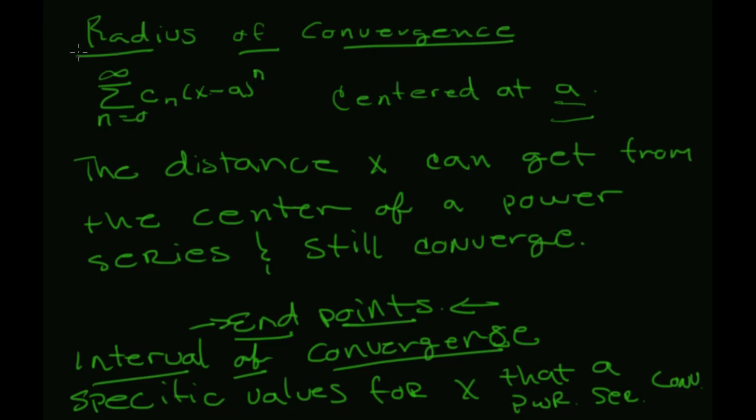The ratio test will give us the radius of convergence. Once I have the radius of convergence, I can test the two endpoints, and that will give me ultimately the interval of convergence. This is somewhat in the abstract, so I'm going to use an example to get at what really is happening here.